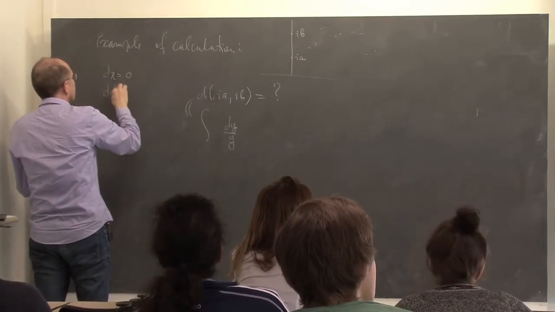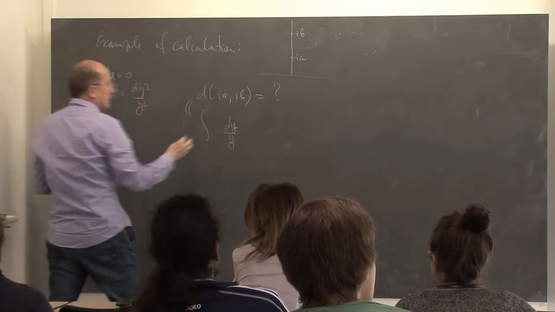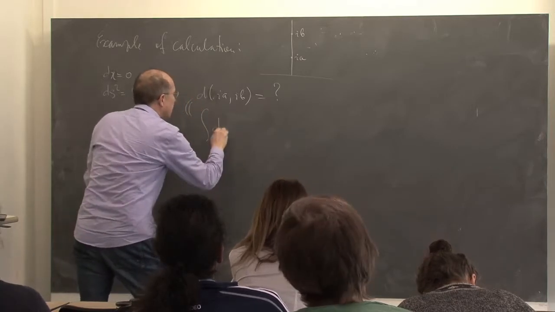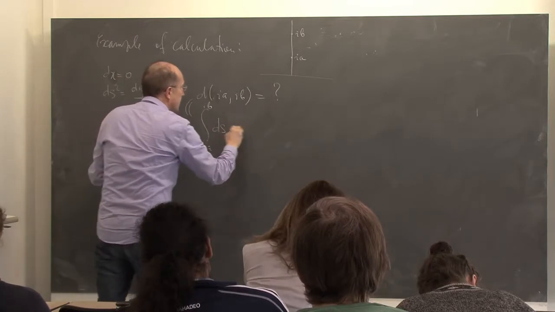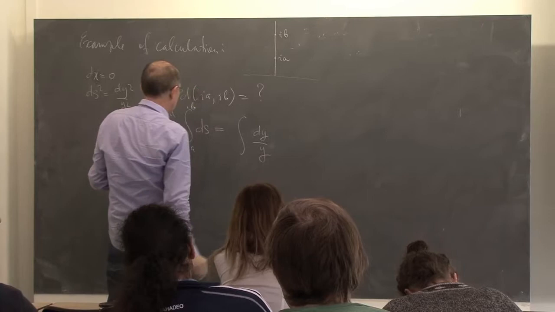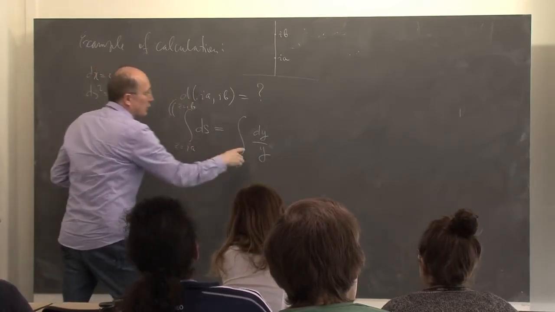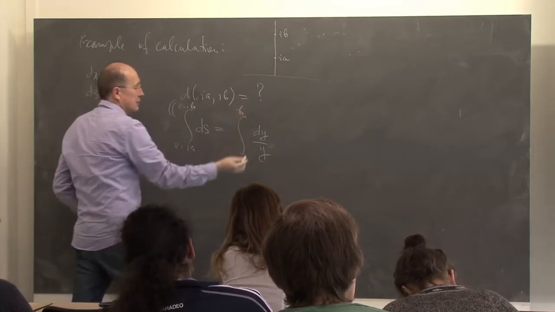So ds squared is dy squared over y squared, and we integrate the length element from ia to ib, which is dy over y, which corresponds to integration of y from a to b.